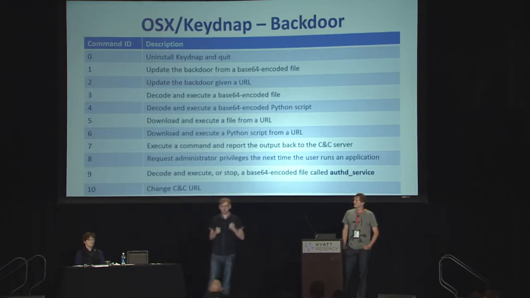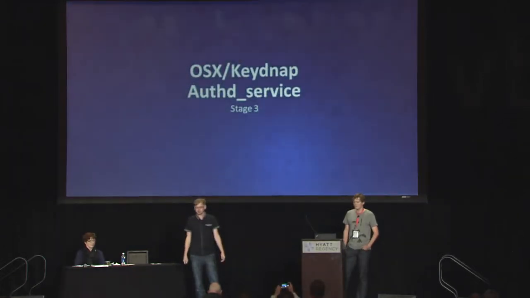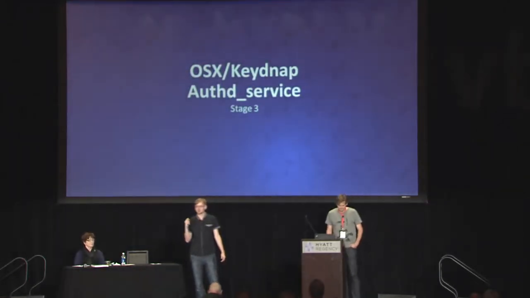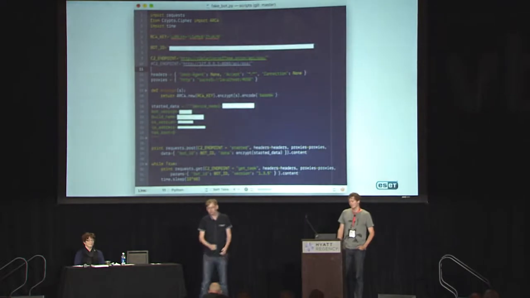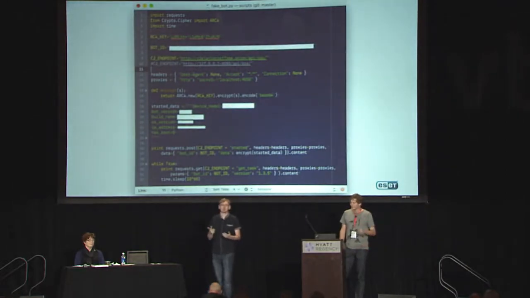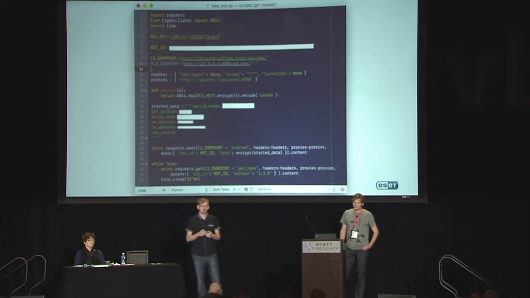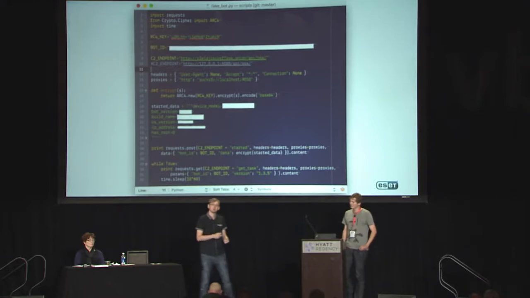And command number 9 is the interesting one because it downloads something named the outd service. For a long time, we really didn't know what it was. Well, it's the stage 3, of course. So we created this little script just to communicate with the CNC server and see what they say to us, what they want to do, what the backdoor wants to do.